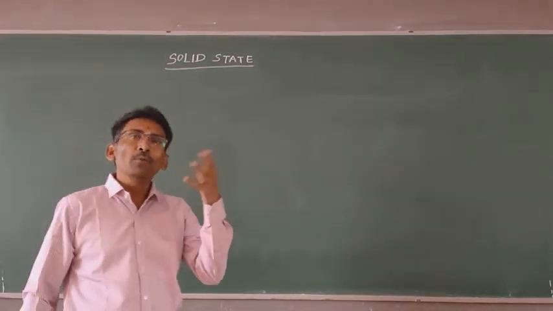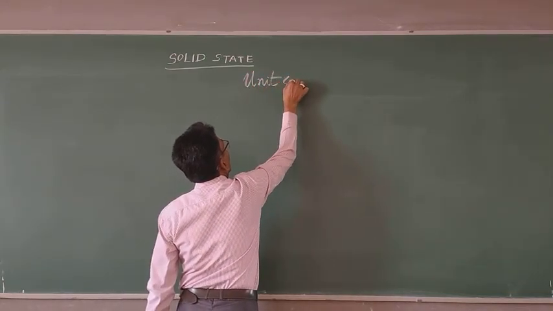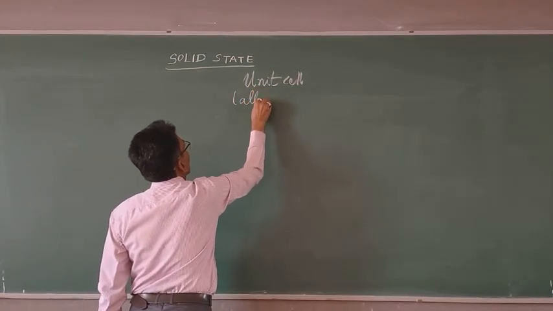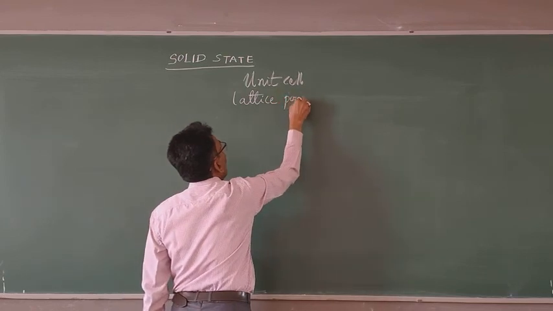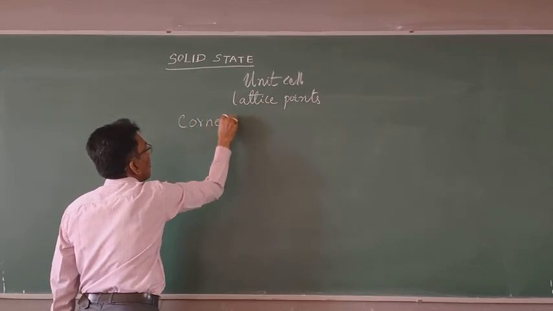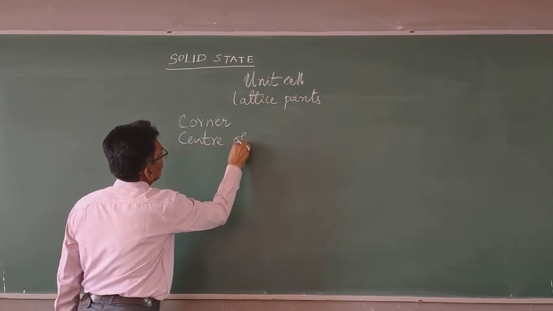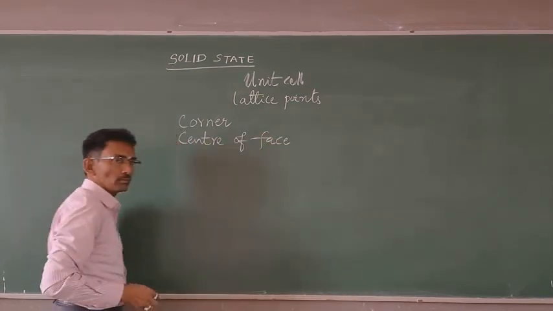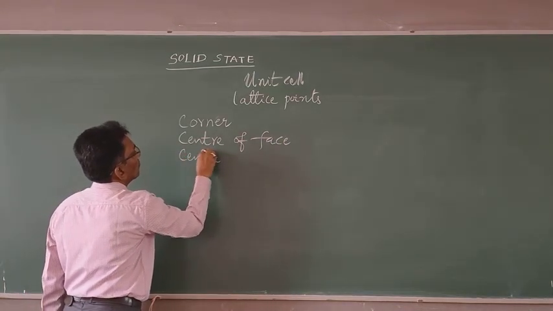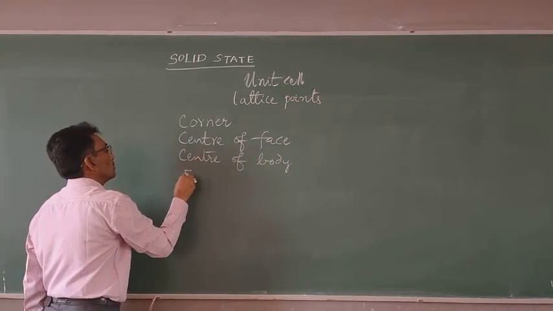So, in a unit cell, where are the lattice points? In a unit cell, the lattice points are called center of base, body center or center of body, edge center, center of edge.